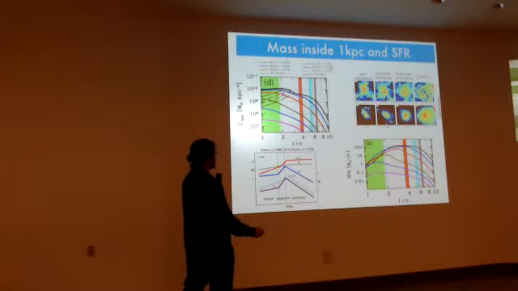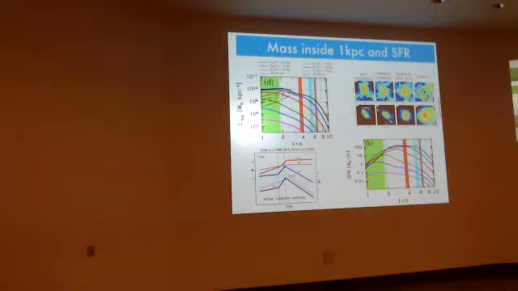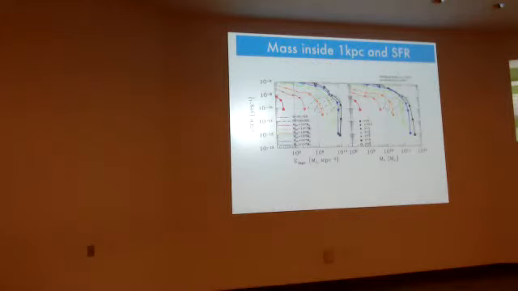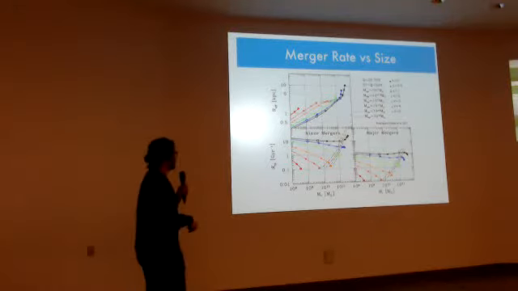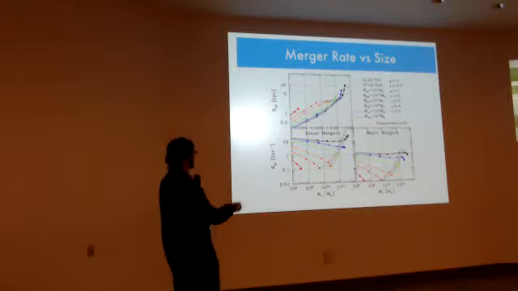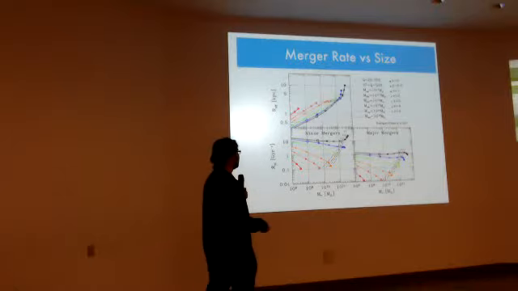Also, when you compare this to the star formation history of the same galaxies, you see that there is a peak corresponding to the increase of sigma 1 in the galaxy. And we can also compare how the sizes of the galaxies relate to minor and major mergers.